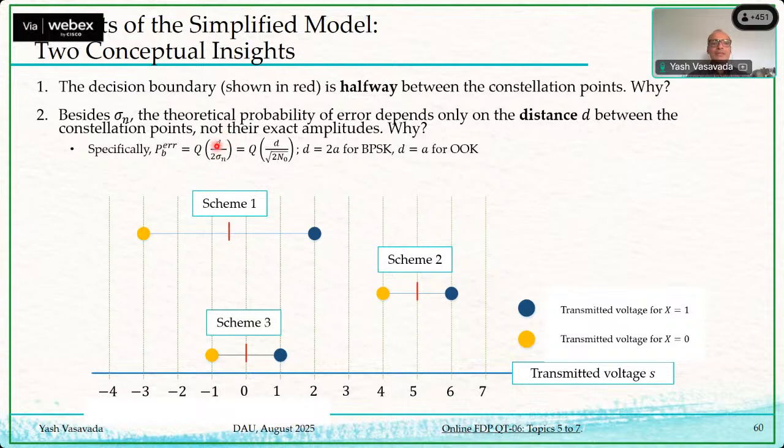And therefore, A becomes D divided by 2, distance divided by 2. So A divided by sigma n is the same as D divided by 2 times sigma n. And so that is another expression for the error probability.